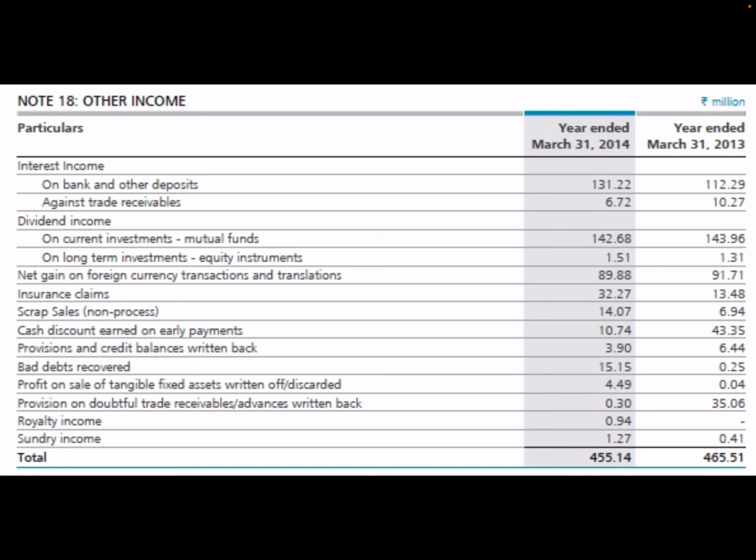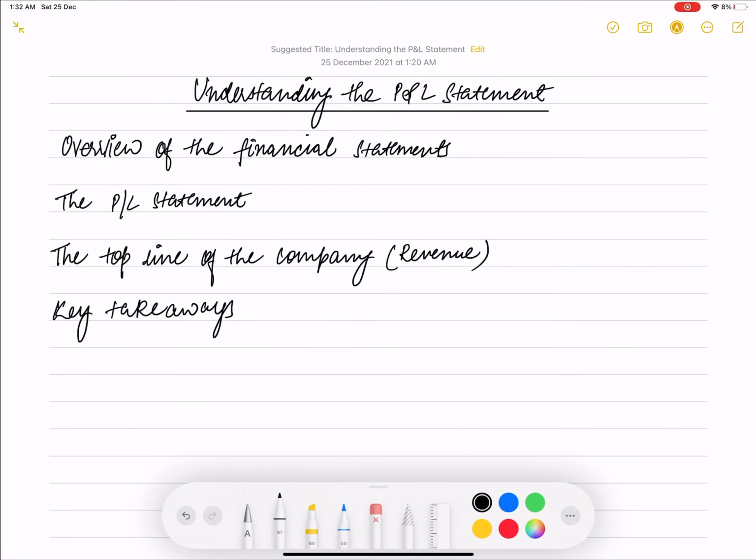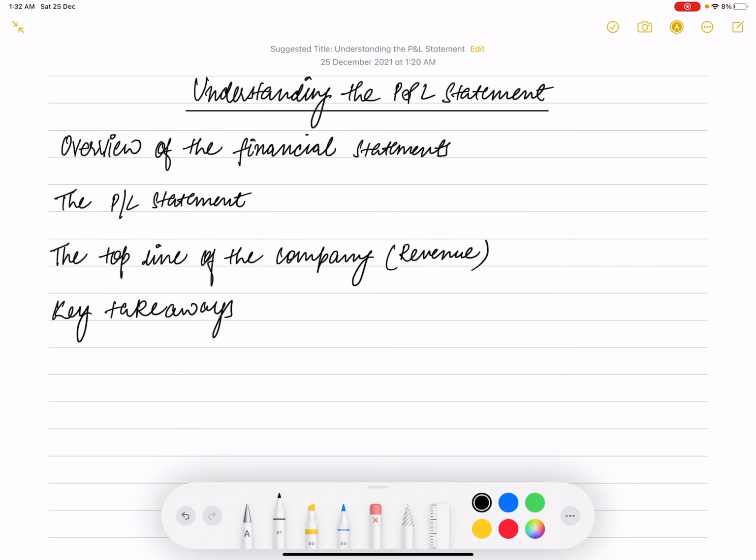So the key takeaways from this video are: the financial statements provide information and convey the financial position of the company, and a complete set of financial statements includes the P&L account, balance sheet, and the cash flow statement. The financial analyst is a financial statement user, and we need to know what the maker of the financial statement states. The P&L statement gives the profitability of the company for the year under consideration.